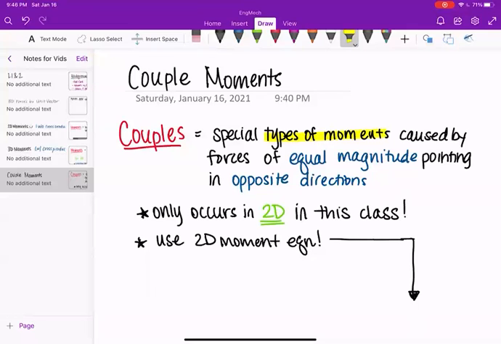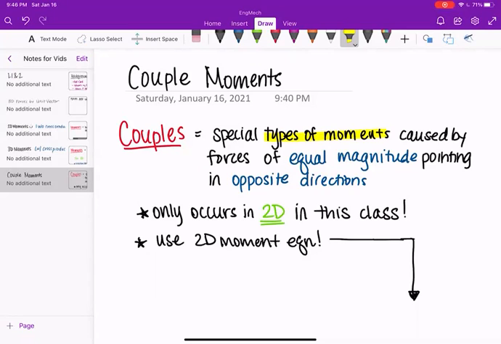But it essentially is a pair of forces that are equal in magnitude and opposite in direction that causes rotation. If you think about it, put your pen on your table, push up on the inky part and down on the clicky part equally hard, it'll rotate. And in fact, it'll pivot at the point halfway between those two points.